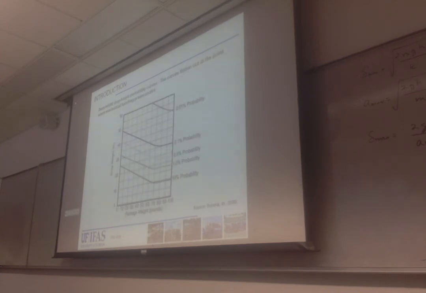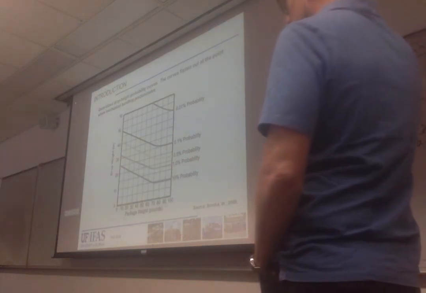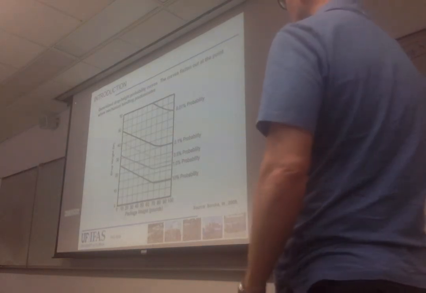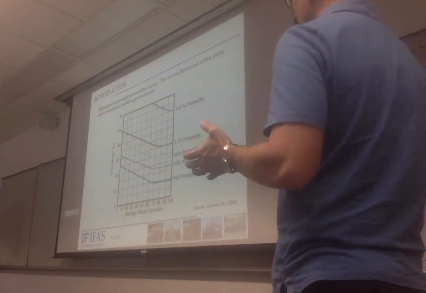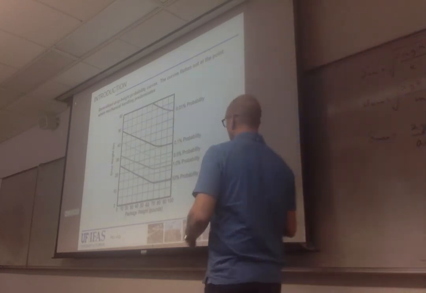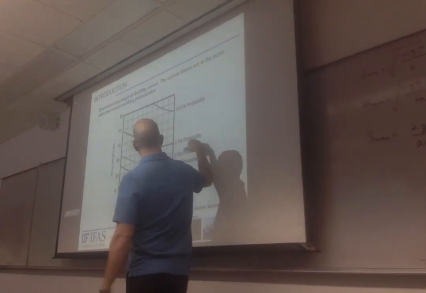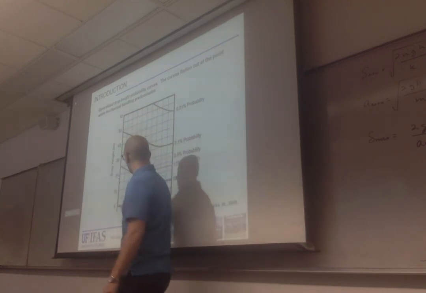In this case, this is one graph that tried to justify that statement that you're going to have higher drop heights for light packages than for heavy packages. So these lines obviously are the probability of these drops occurring with the product weight.